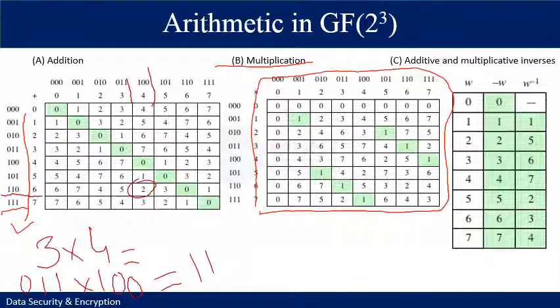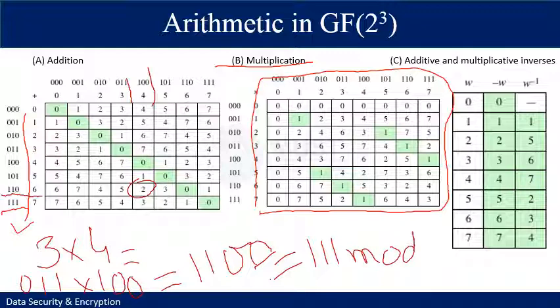That results in 1100. So the resultant value with the modulo 2 addition is equal to 111, and you take the mod with the polynomial p of x, and in this case we have p of x equal to x cubed plus x squared plus x plus 1.